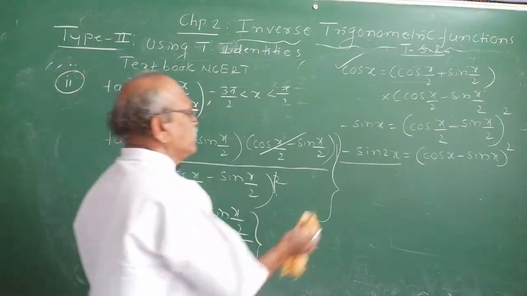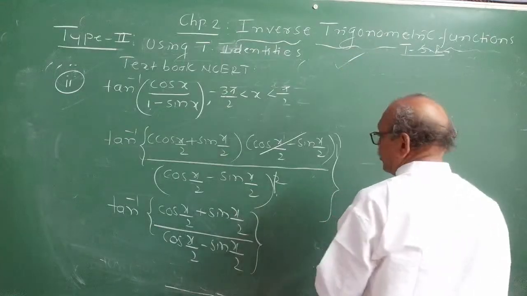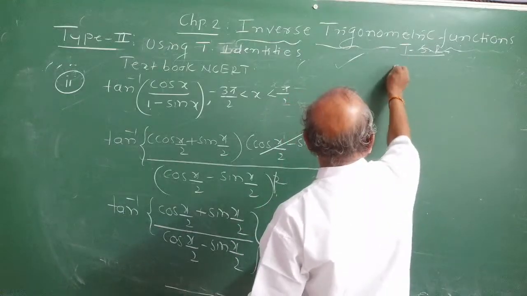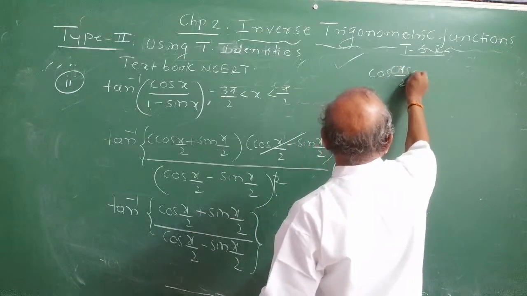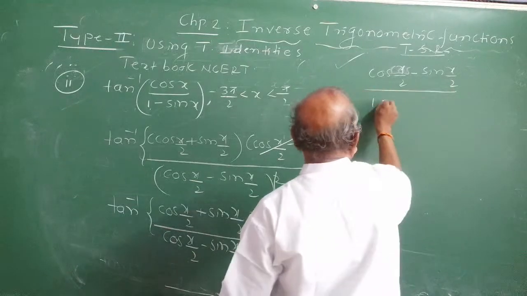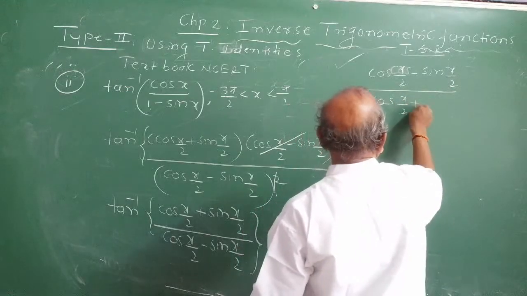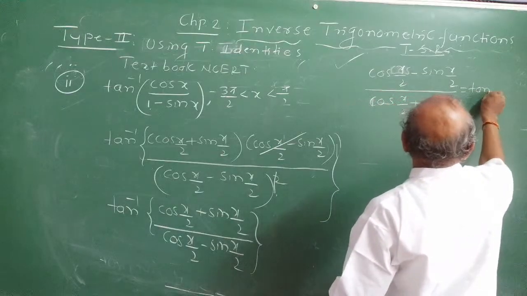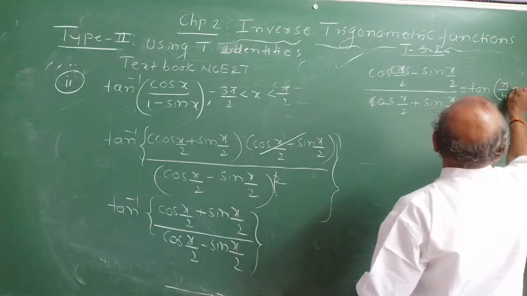Now the time saving result just now we collected, you can directly use them in the competitive exams, but you have to write step by step in the board exam. We proved that cos x by 2 in the previous case minus sin x by 2 upon cos x by 2 plus sin x by 2 is, just now I have shown you the shortcut, tan(pi by 4 minus x by 2).